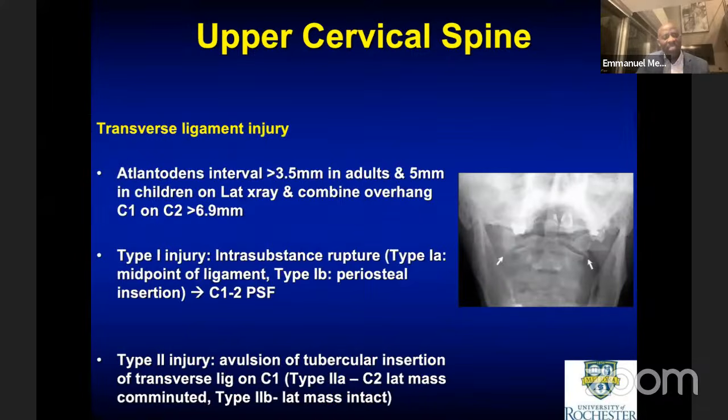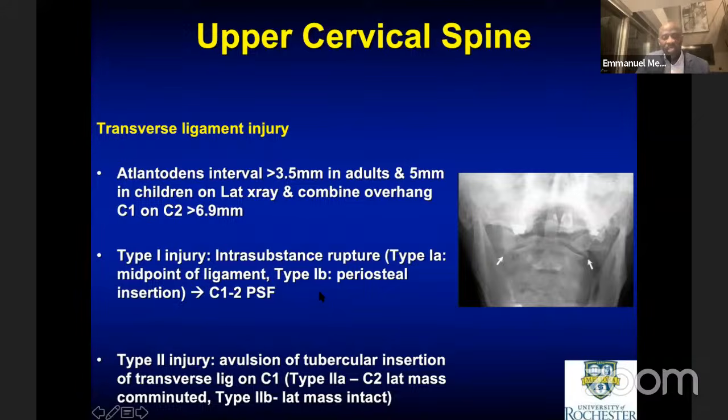Another common injury that we see, especially at a level 1 trauma center, is transverse ligament injury. And how is this evaluated? It can be evaluated from an open mouth odontoid view X-ray, and looking at the atlantodens interval from a lateral X-ray. An anterior atlantodens interval greater than 3.5 millimeters in adults and 5 millimeters in children, or lateral dislocation in open mouth odontoid view with a total overhang of greater than 6.9, is considered a transverse ligament injury and can be confirmed with MRI.